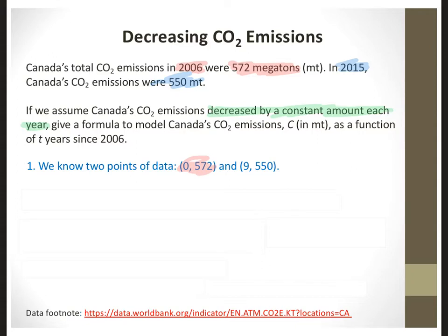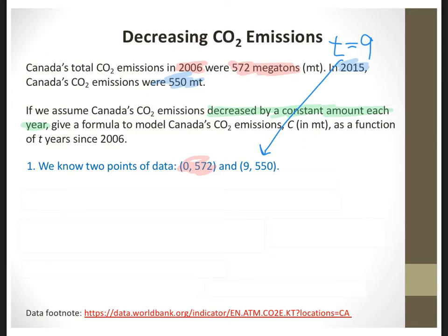And then in 2015, that corresponds to 9 years after 2006. So that would have a T value of 9. And that's where this second point comes from. So we know that 9 years after 2006, Canada has 550 megatons of CO2 emissions.